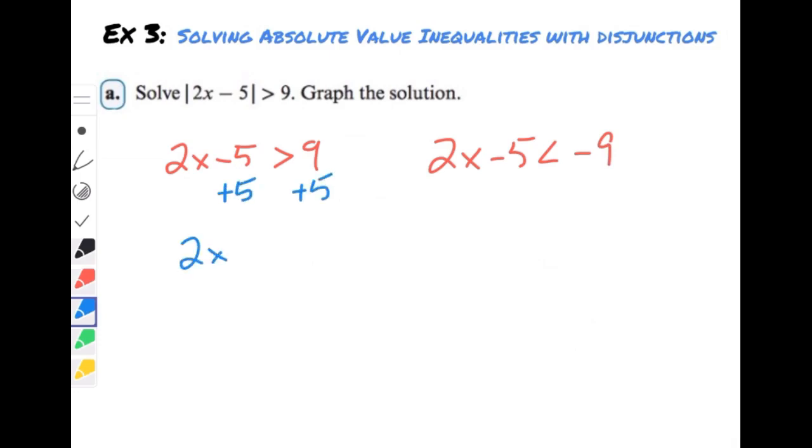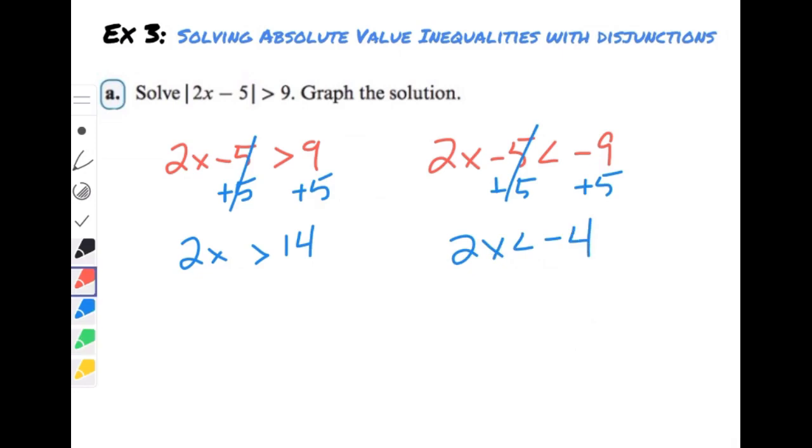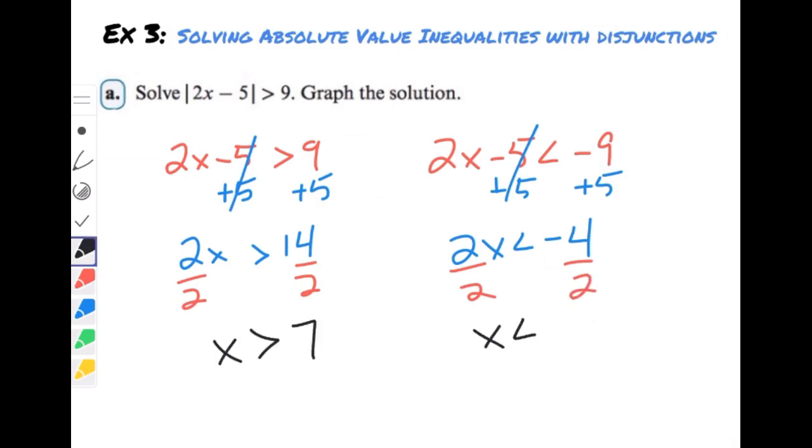And we get 2x is greater than 14. And I will add 5 to the other equation. I get 2x is less than negative 4. Divide by 2, all the way across. Now I get x is greater than 7, and I get x is less than -2.